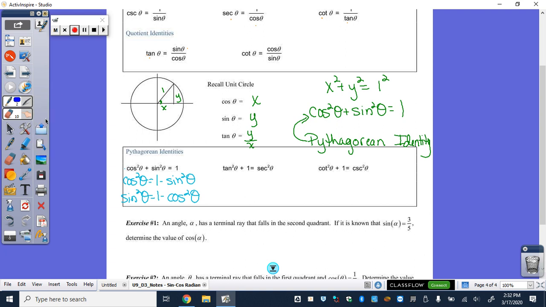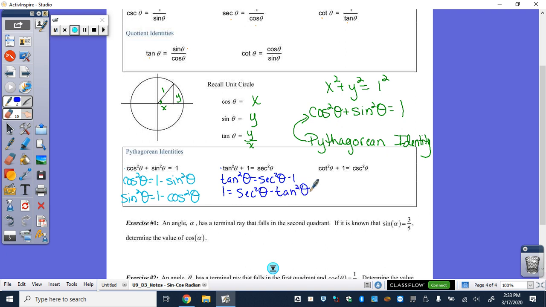Here's our next Pythagorean identity. Tan squared plus 1 equals our secant squared. So once again, we can manipulate it. I can subtract my 1 over, and then I can get that identity there. Tangent squared equals secant squared minus 1. I can subtract my tangent over.